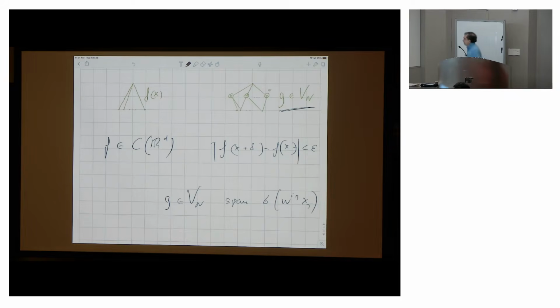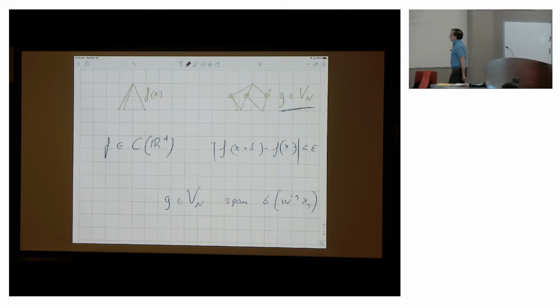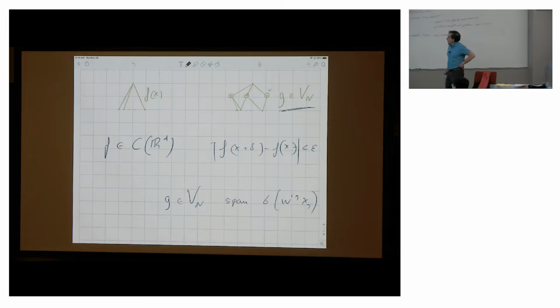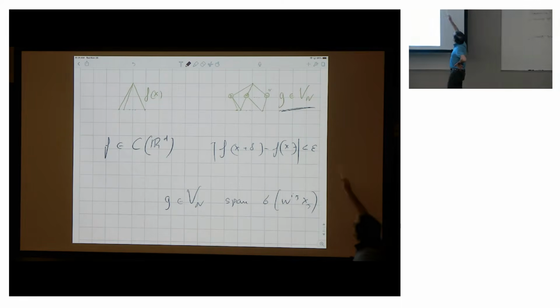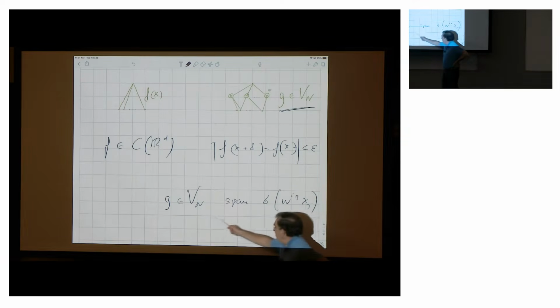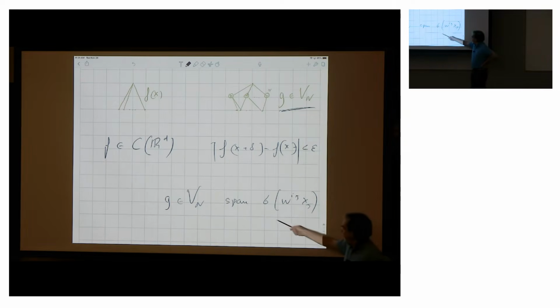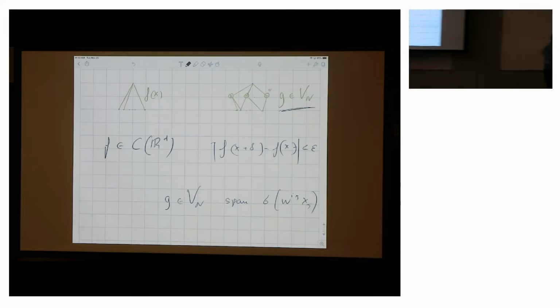For instance, in the case of a one layer ReLU network, the function implemented by the layer will be a g, which is in the span, so it's a linear combination of these activation functions.